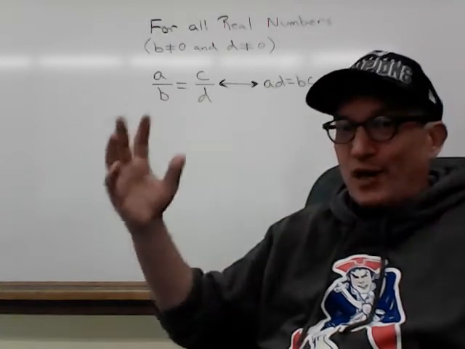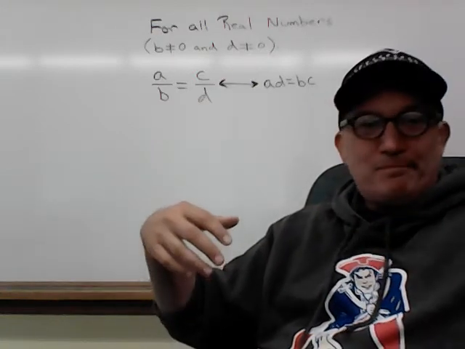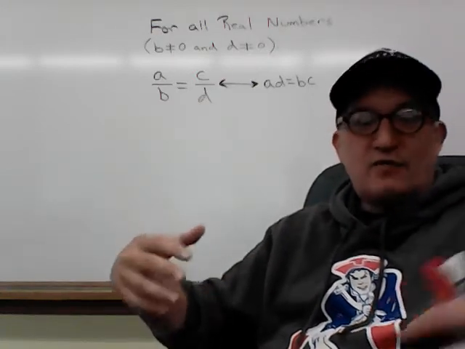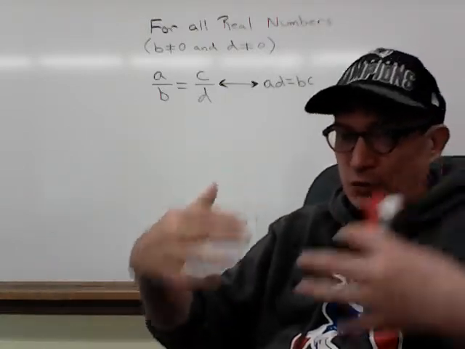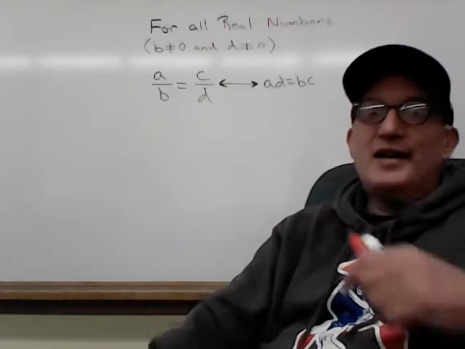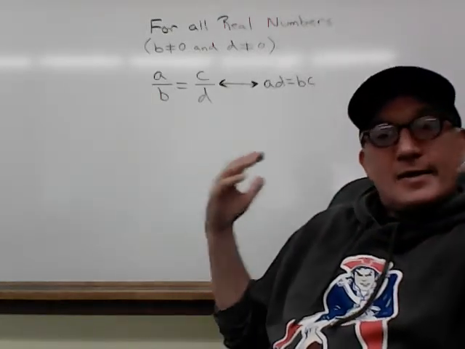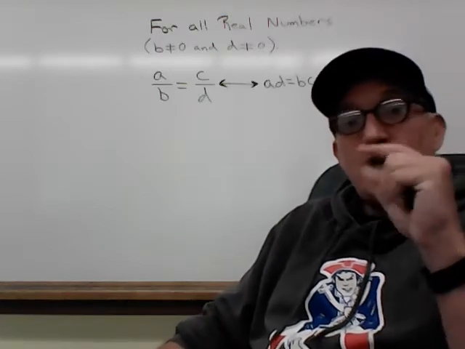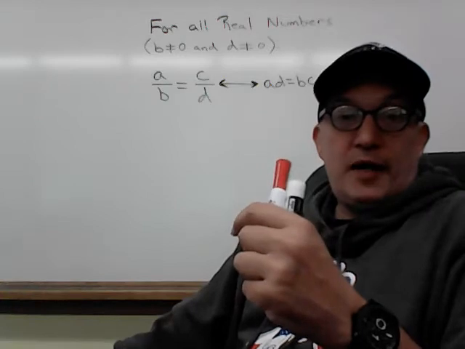And real numbers are all the numbers that you're familiar with: integers, fractions, negative fractions, and also irrational numbers, like the square root of 2 and pi, which you haven't done much with yet. But this is true for all real numbers, as long as B and D are not 0. You can never have 0 in the denominator.